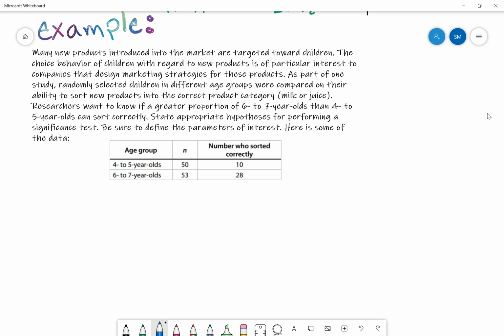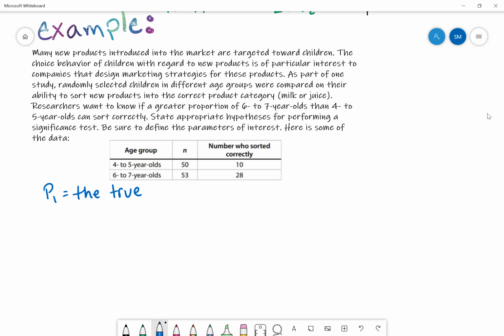So one way that I like to start these is I like to go ahead and define what my parameters are going to be. Let's define the parameters. We're going to do P sub 1 first. Let's say that that is equal to the true proportion. Going off of the sample, remember a sample statistic estimates a population parameter.